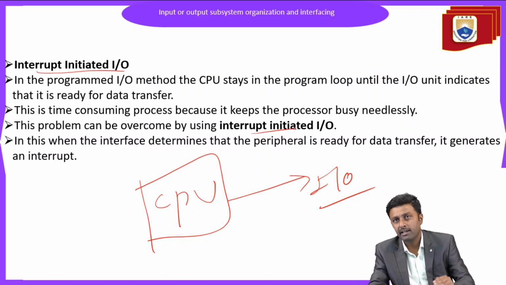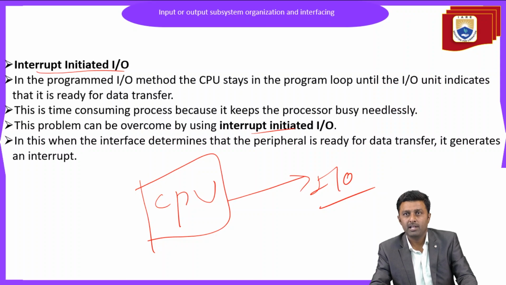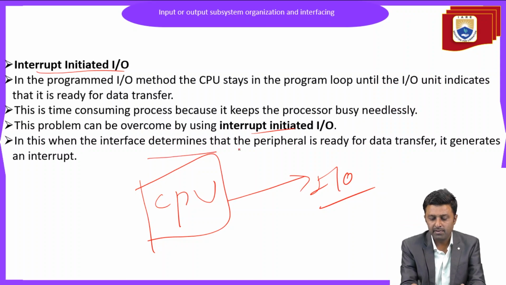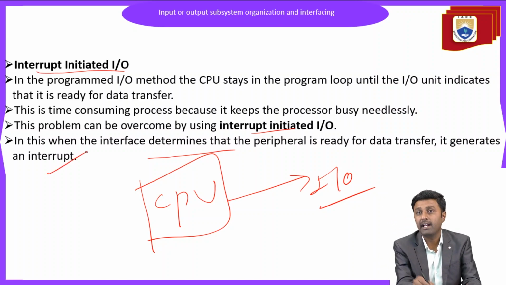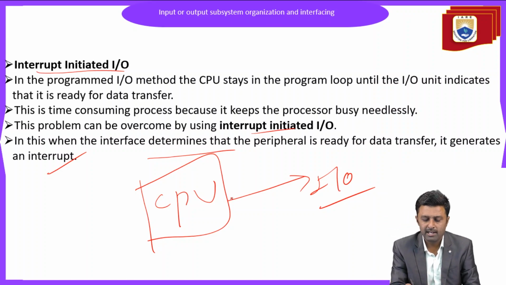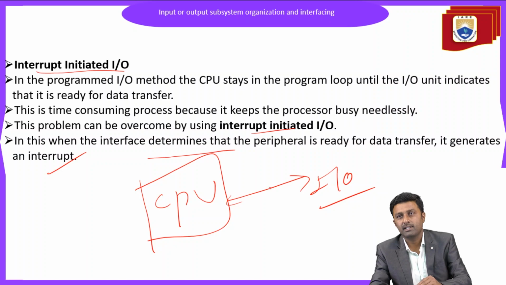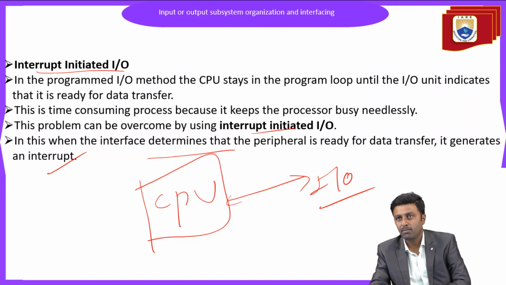So this problem can be overcome by generating an interrupt. When the interface determines that the peripheral is ready for the data transfer, it generates the interrupt. In the interrupt initiated IO there is still an intervention of the CPU, but instead of the CPU having to wait, an interrupt will be generated. With the help of the interrupt, the data transfer is initiated between the input output devices.